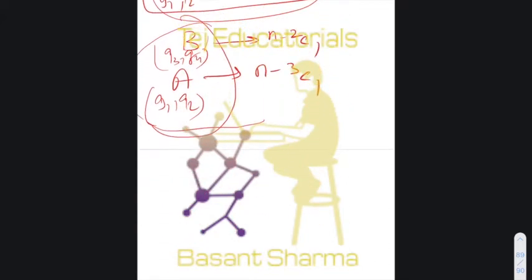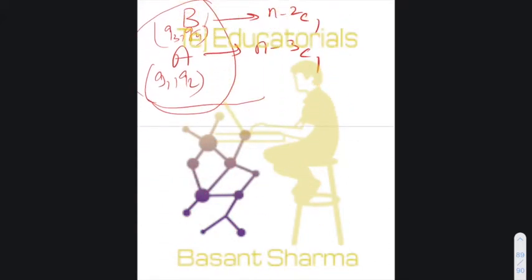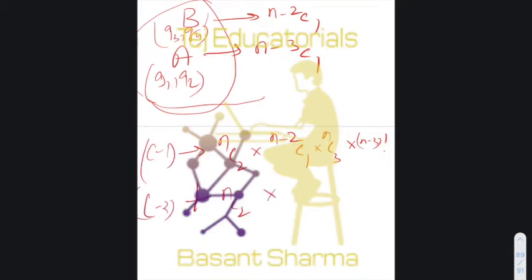So finally in this part the answer would be, case 1 was NC2 into n minus 2C1 into NC3 into n minus 3 factorial, plus case 2, which was NC2 into n minus 2C2 into NC2 into n minus 2C2 into n minus 4 factorial.